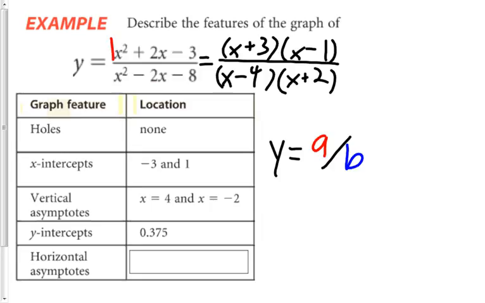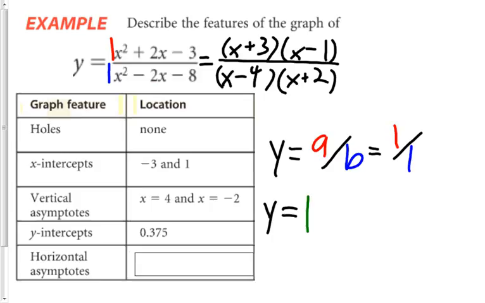Well, 1 is my leading coefficient in the numerator, and 1 is my leading coefficient in the denominator. So I could also write this as 1 divided by 1. Therefore, y is equal to 1. And that is my horizontal asymptote.